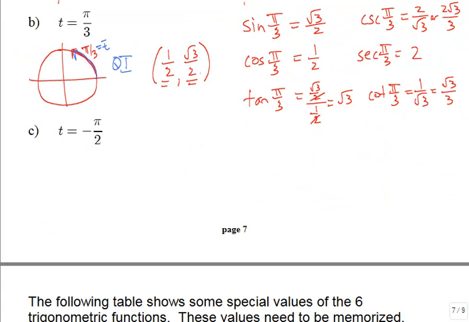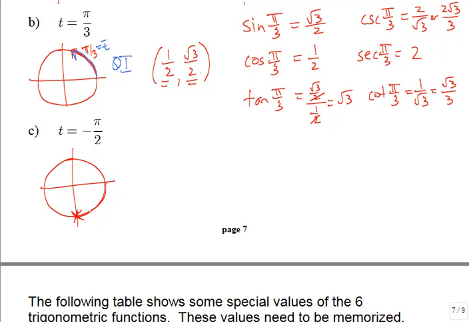Okay, let's try one more example here. This time we want our t to be negative pi over 2. So remember, pi over 2 is like 90 degrees, but we're going in the negative direction, so we want to go clockwise. So starting here, we want to go 90 degrees, so that's going to stop us right here on that quadrant. These are called quadrant angles when they line right on the x or the y axis.